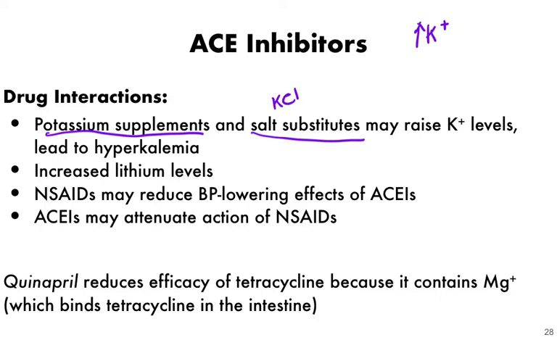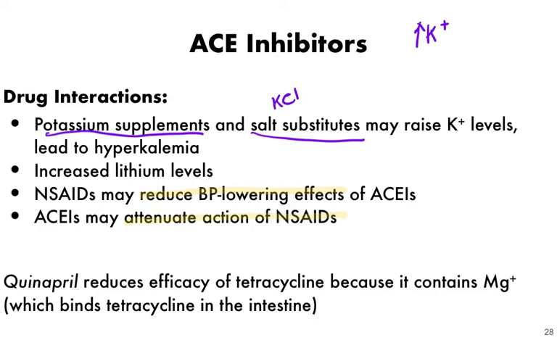Maybe even more common is the interaction between NSAIDs and ACE inhibitors. They both may reduce the other's effectiveness. So NSAIDs could lower the blood pressure lowering effects of ACE inhibitors, and vice versa. ACE inhibitors could attenuate the action of NSAIDs.